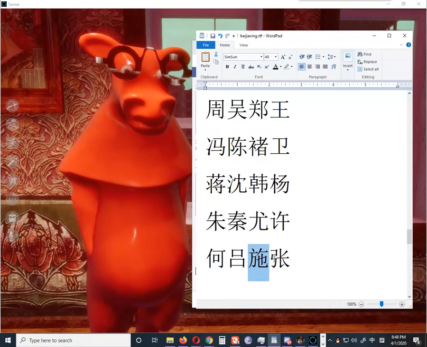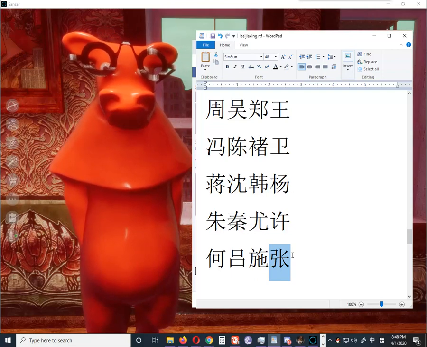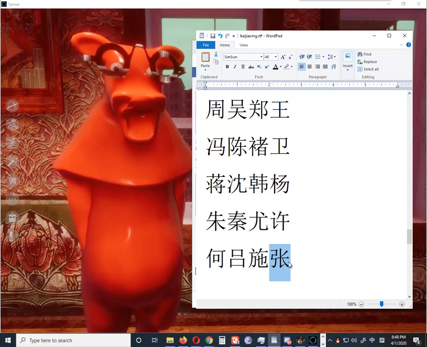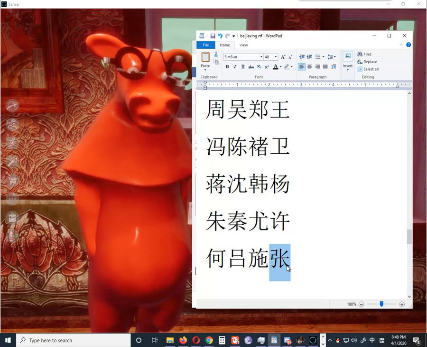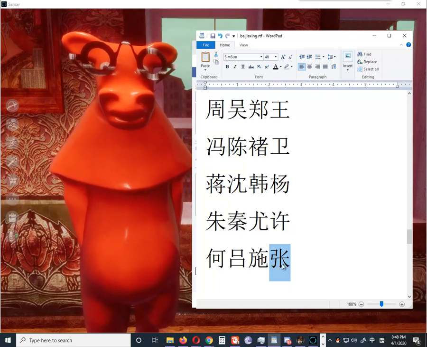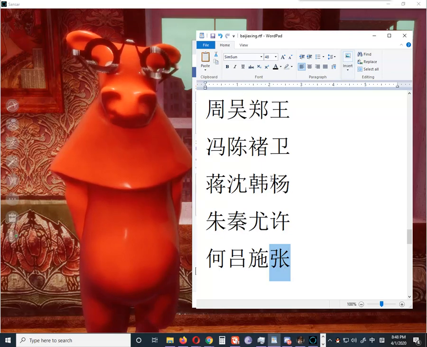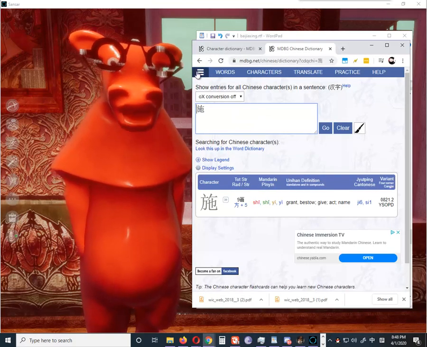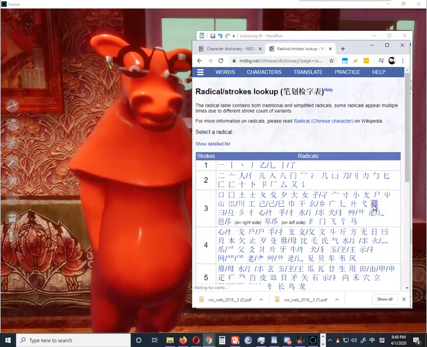Okay. And this one everybody knows already. We don't have to look it up. Right? Or maybe not. Zhang, right? So 一张照片, like a measure word for something like a picture or something flat. 一张纸, piece of paper, right? But it's also Zhang Fei, the family name, and it's got a big bow radical here. So we go and we look in the radicals for the big bow radical, which is right over here.